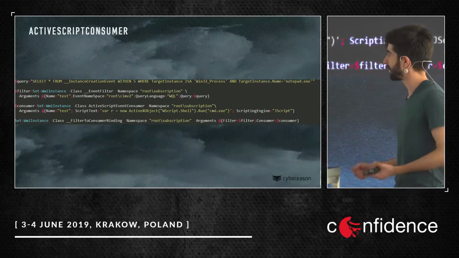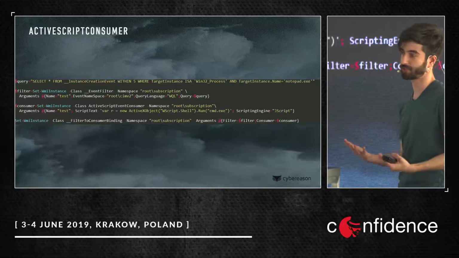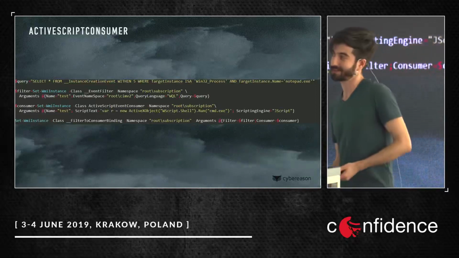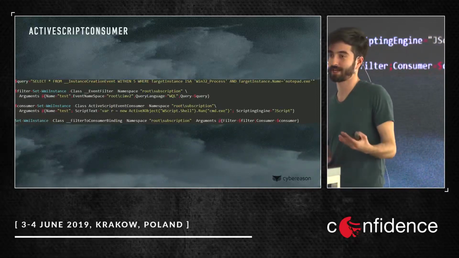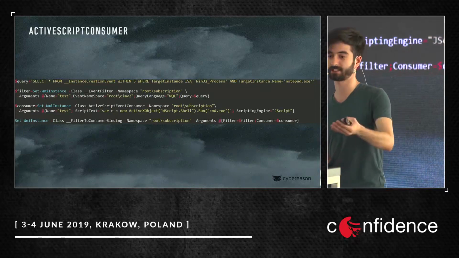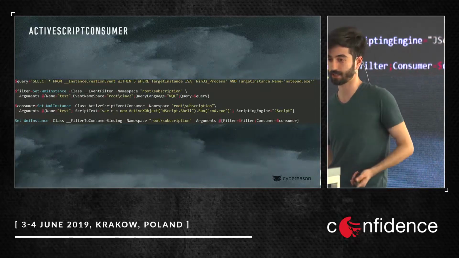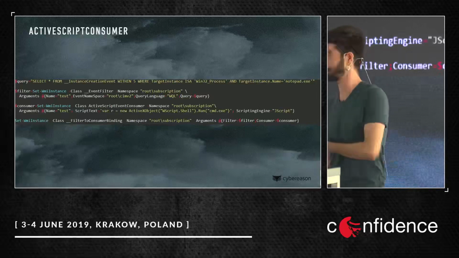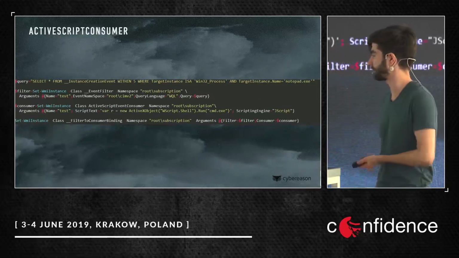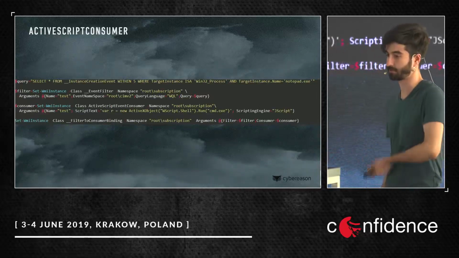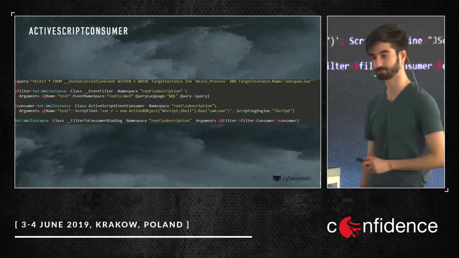And then I bind my filter and consumer, so I have this event that every time that Notepad is executed, CMD is executed. And that's about it. And as you can see, if you ever implemented WMI persistence, this is exactly the same with no modifications whatsoever.